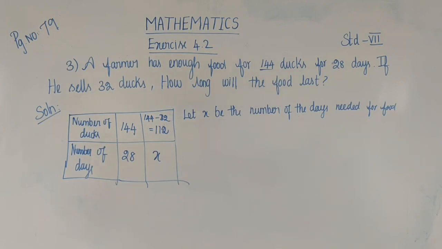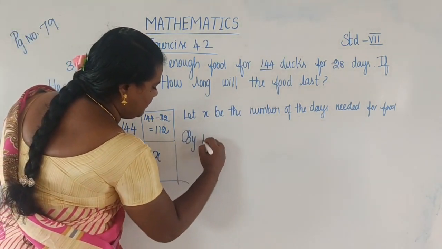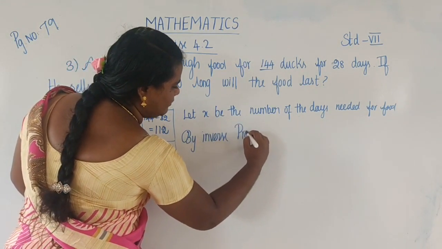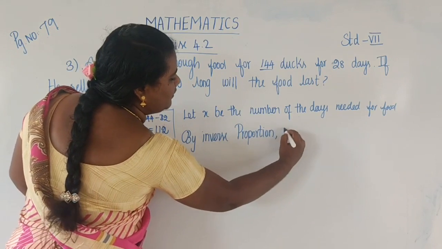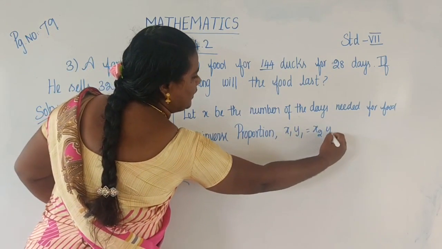Okay. Next, by inverse proportion, say the formula. By inverse proportion, students say the formula: x1, y1, x2, y2.